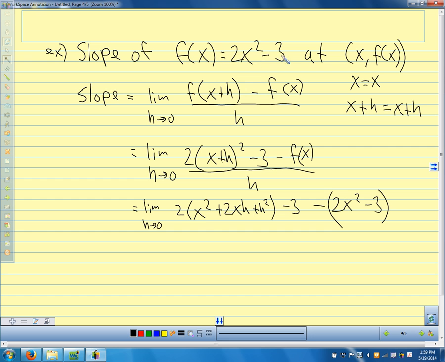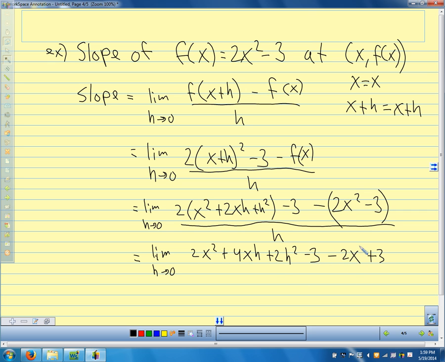That's f of x. And we're dividing that by h. So let's continue to simplify. The limit as h approaches 0, I get 2x squared plus 4xh plus 2h squared minus 3 minus 2x squared plus 3. And we're dividing that by h.